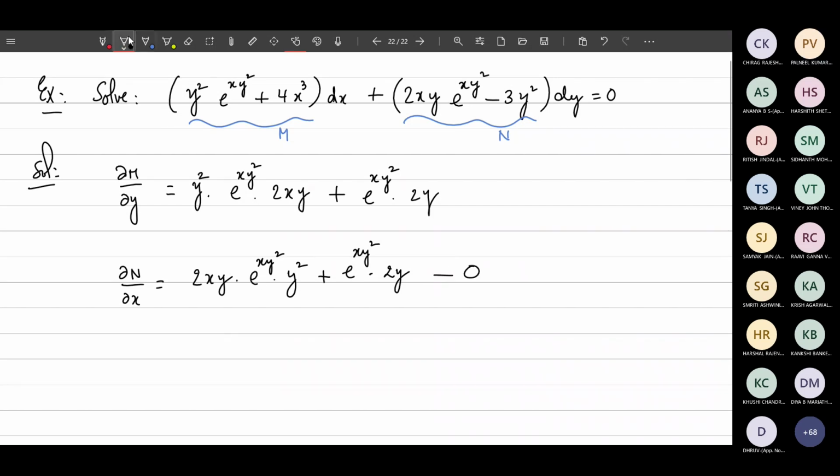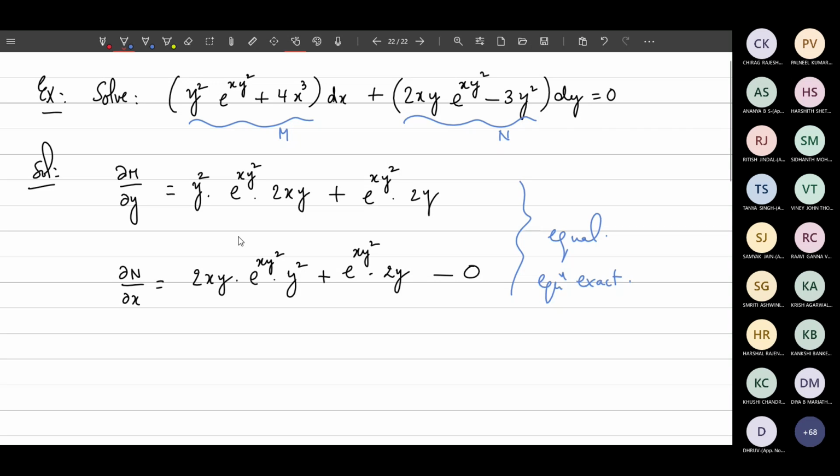Now if you look at these two expressions, here y cube, here also y cube, 2xy e power xy square, and here also e power xy square into 2y. Therefore these two are equal, and the equation is exact.